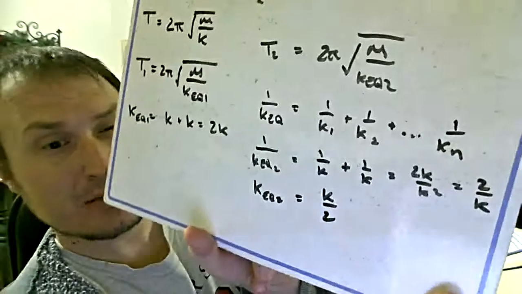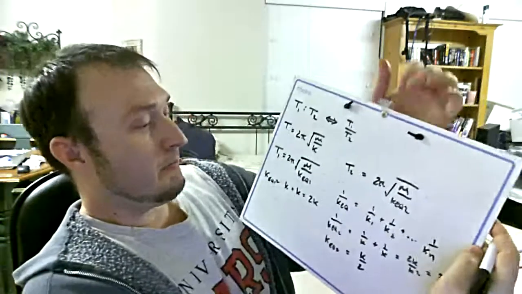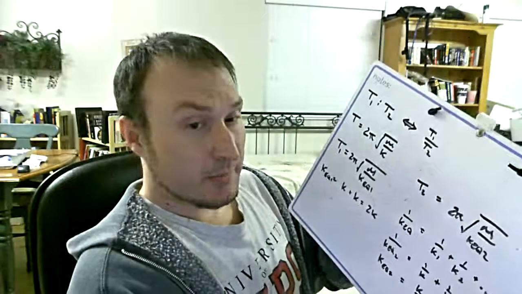And that may surprise you. You're using 2 springs, but in a way you're getting half as much restorative force, or in other words, your spring constant is half as much. It seems a little weird until you actually work through in your head what's going on, and I encourage you to do that. But that's the equivalent spring constant in this situation.